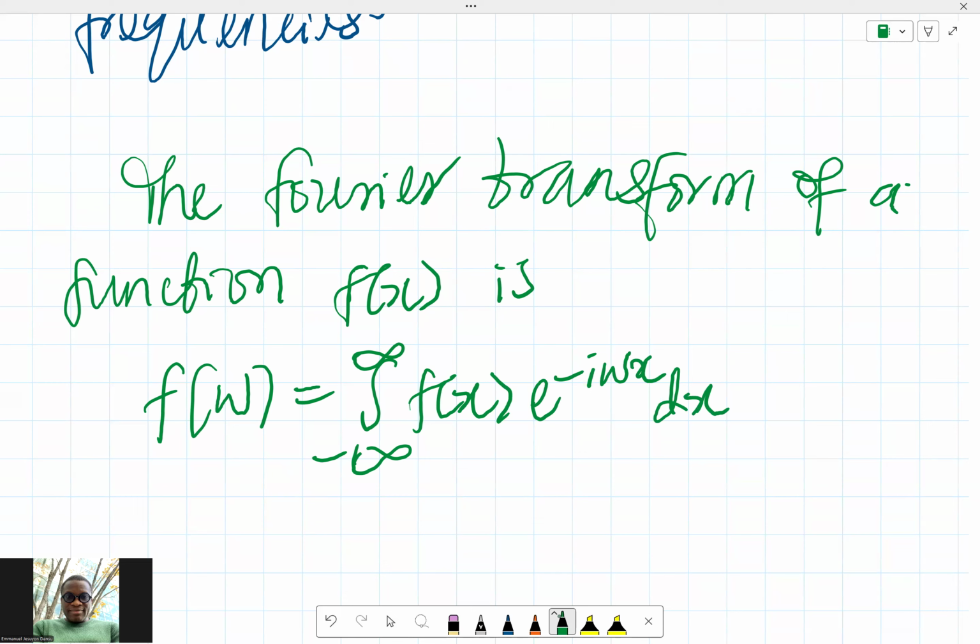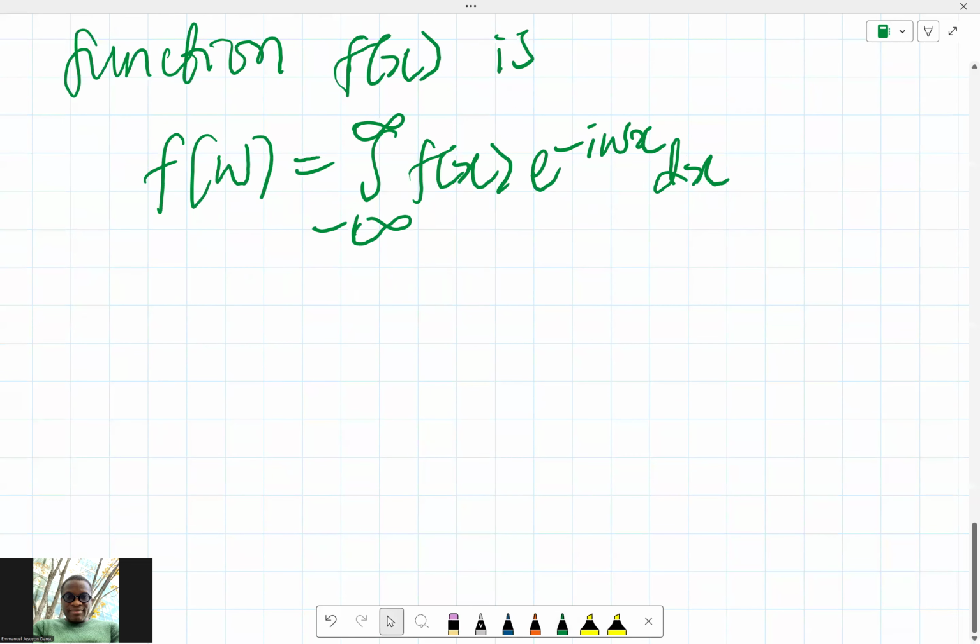So this gives us the Fourier transform like we've seen previously.